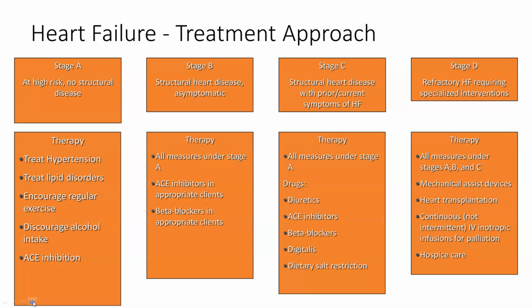So it would be nice if we found our clients in stage A, but just like hypertension and a lot of our other cardiovascular diseases, we've talked about the fact that this is asymptomatic for a really long time because of those compensatory mechanisms. But if we are fortunate enough to catch it in stage A, it means basically we haven't developed a structural change yet.